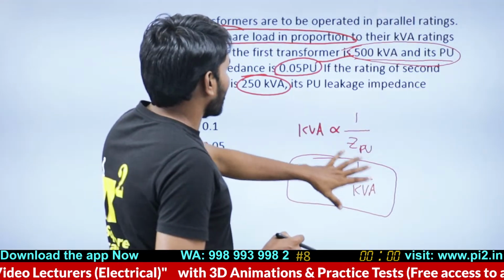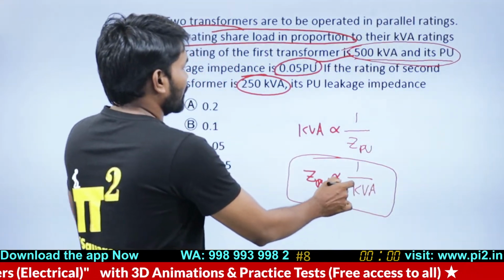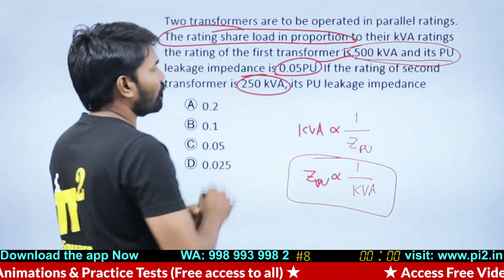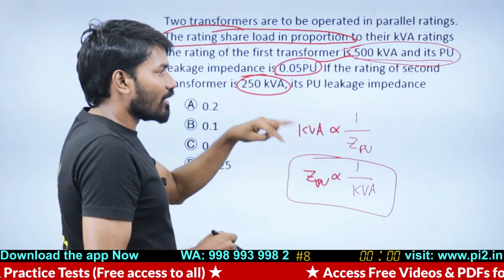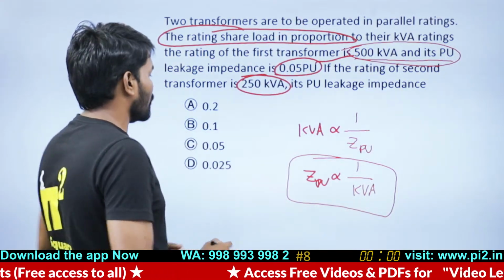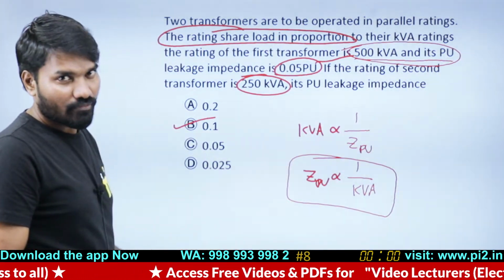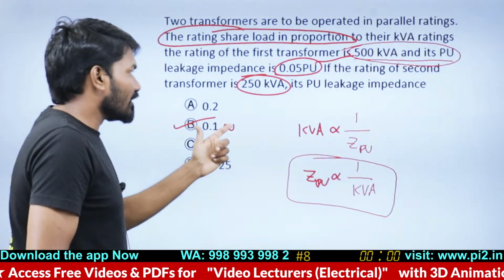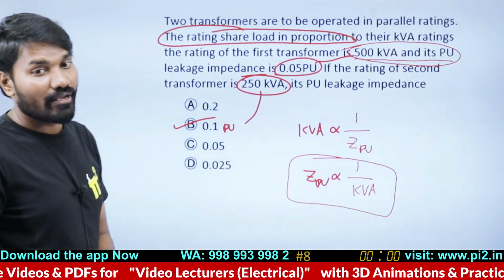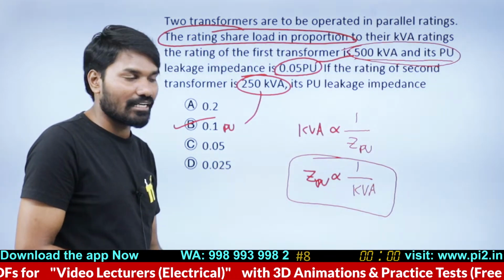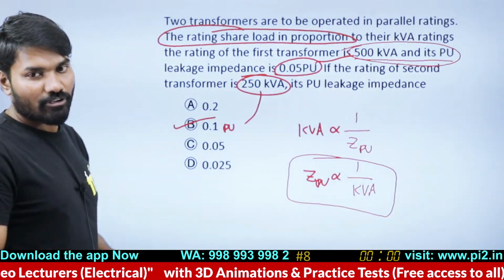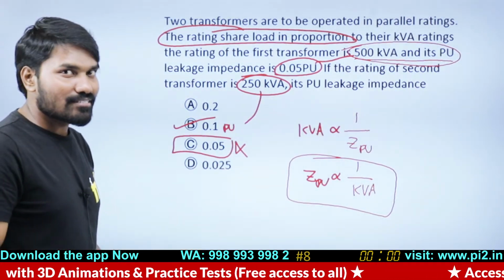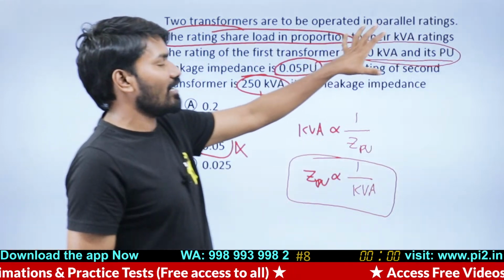Now, according to this inversely proportional relation, you don't have to do the math here. This has become half. So per unit impedance will become double to 0.05, which is 0.1. So this 0.1 per unit impedance is with respect to 250 kVA base. So most of you have answered for C, which is wrong. C would have been right if the base would have been 500 kVA.